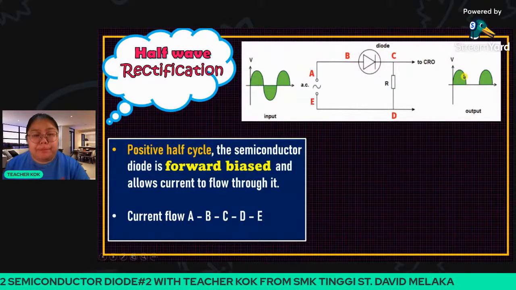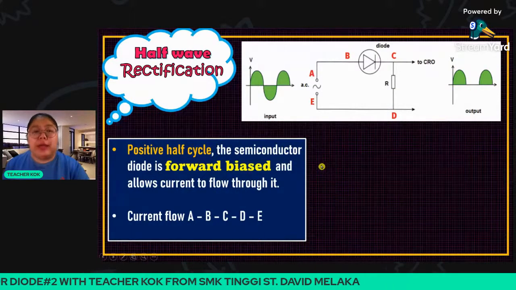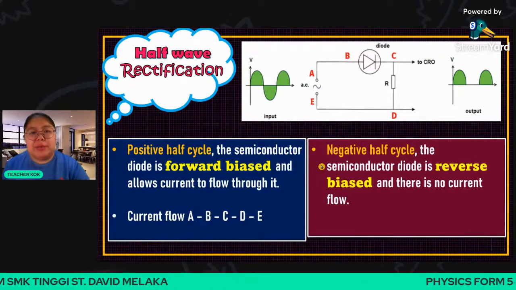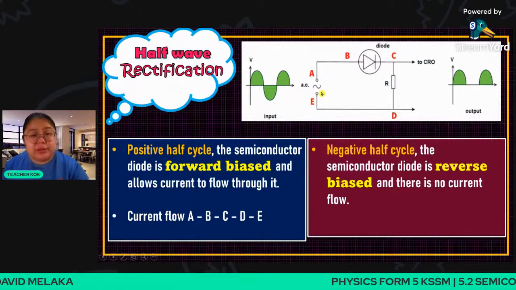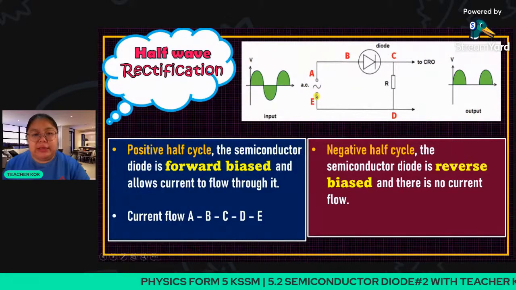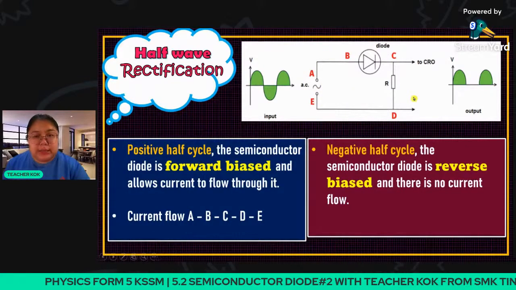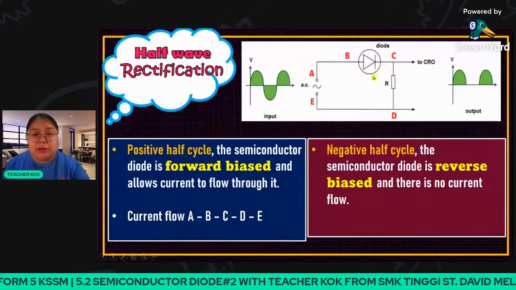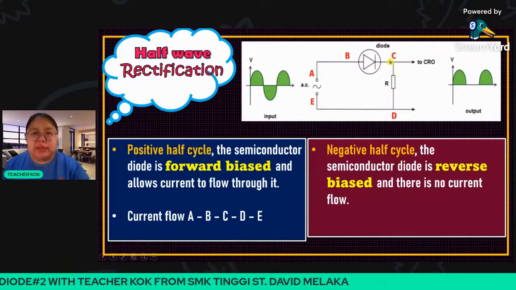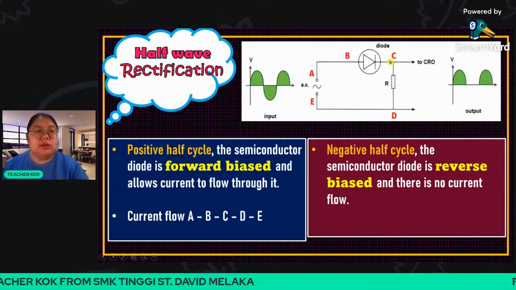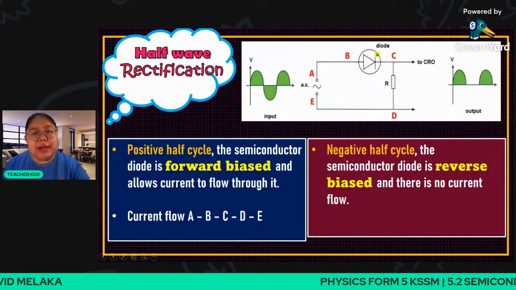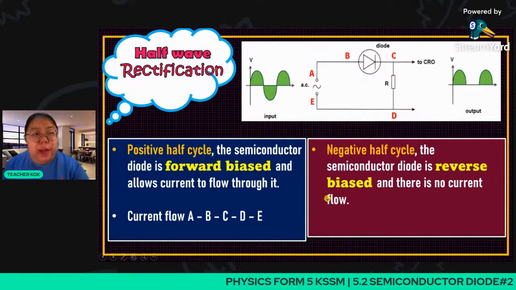Now we go to the negative half cycle. Negative half cycle means they move in the opposite direction. The bottom one is negative. Now it starts from E, goes to D, then goes to the R. Now the direction through R is going up, until C. At C, actually it cannot move anymore, because the connection is reverse bias.